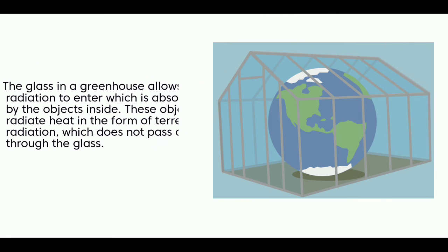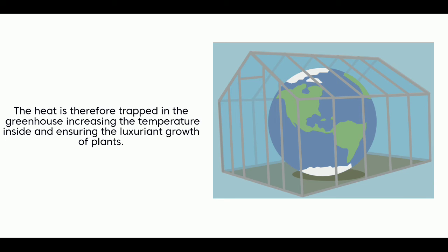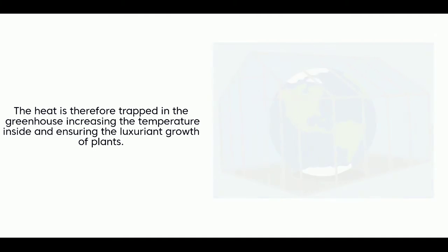The glass in a greenhouse allows solar radiation to enter, which is absorbed by the objects inside. These objects radiate heat in the form of terrestrial radiation, which does not pass out through the glass. The heat is therefore trapped in the greenhouse, increasing the temperature inside and ensuring the luxuriant growth of plants.